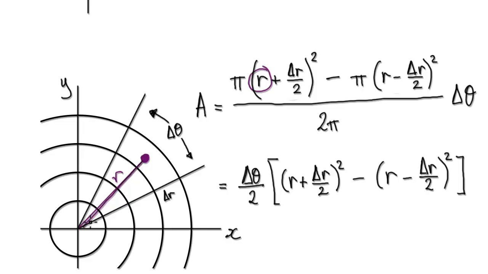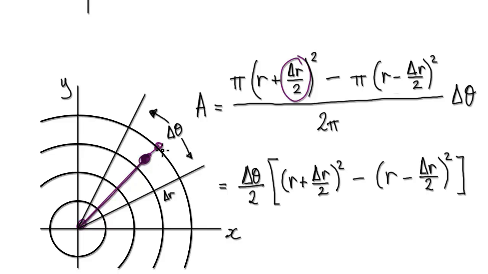So you would get r, and then plus, remember this distance here is delta r, so you need to add half of delta r to get the outer radius. So this big radius here would simply be r plus half of delta r.